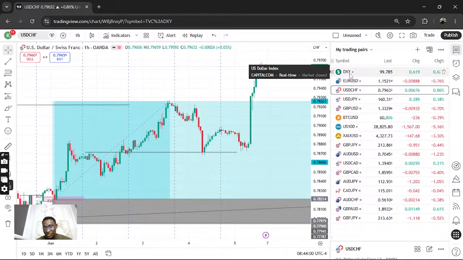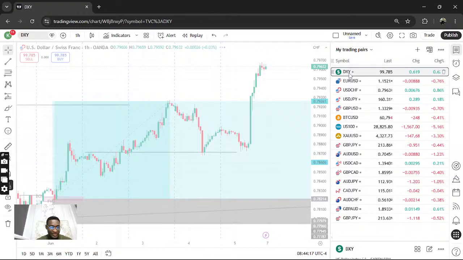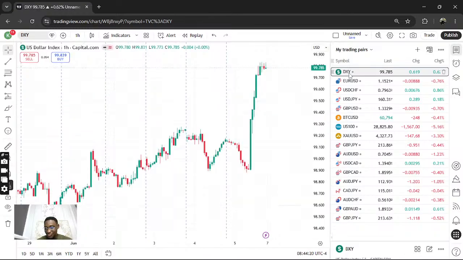So once I know the direction of the market from dollar and exactly what dollar is going to do for the week, then every other thing is always easy for me to identify in the market. So let's first of all look at dollar index and see what really happened in dollar.